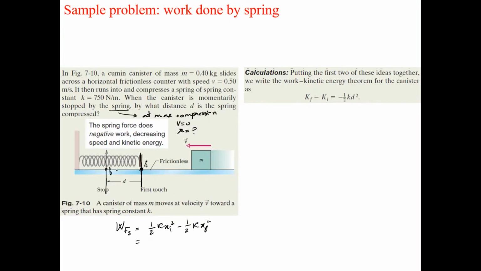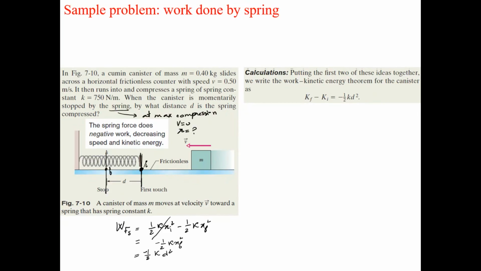So I'm studying the work done by the spring force throughout the whole compression process. At the initial point, the spring is not really compressed yet, so x initial is 0. So the work done by the spring force is none other but minus half k x final squared. Now x final here is none other but the distance d that we are interested in, the final compression of the spring.